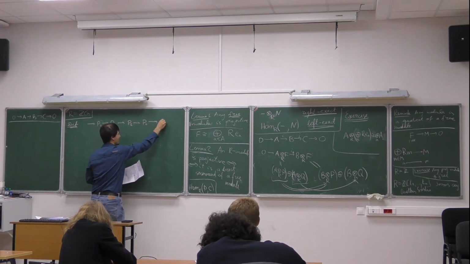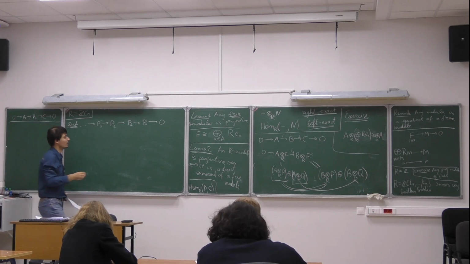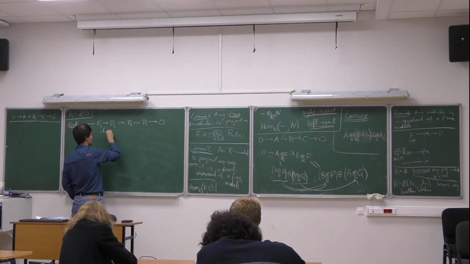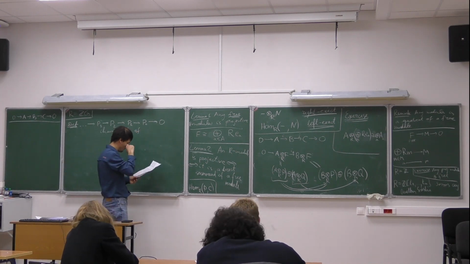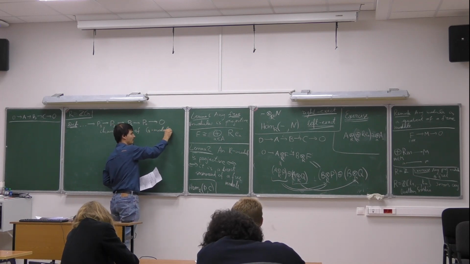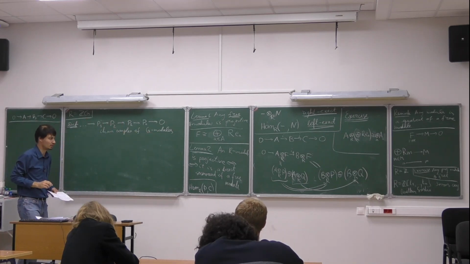Suppose that we have a chain complex, which can be infinite on that side, with P0 the last one. So suppose that this is a chain complex of G modules. I recall that G modules are exactly modules over ZG.